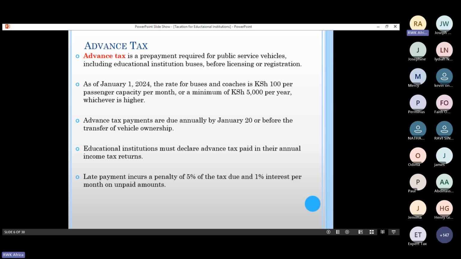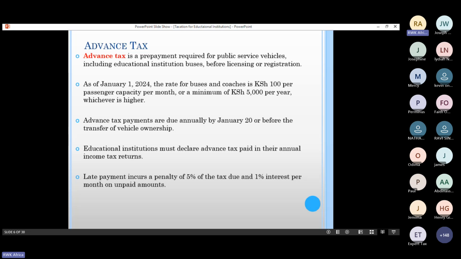And at the end of the year, during the audit and after the taxes have been computed, you have a tax liability of 50,000 to pay. The 5,000 that you had paid under the advance tax will be used to offset the tax, and you're going to pay the balance, which is 45,000. So in a way, it's a benefit to you as a taxpayer because you are going to consume that tax at the end of the year.